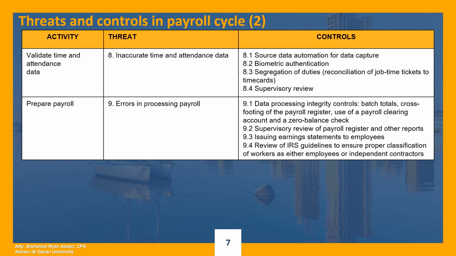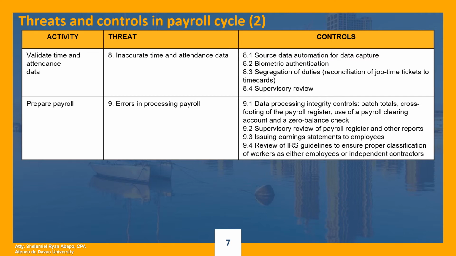Now, what are the threats for this inaccurate time and attendance data collection? The main threat to this payroll activity is inaccurate time and attendance data. Inaccuracies in time and attendance records can result in increased labor expenses and erroneous labor expense reports.